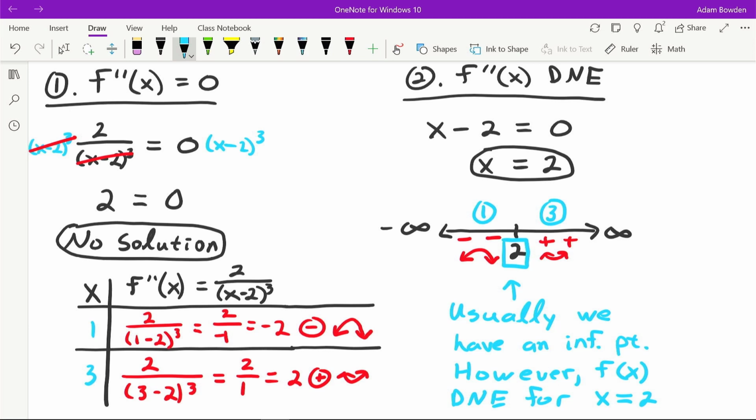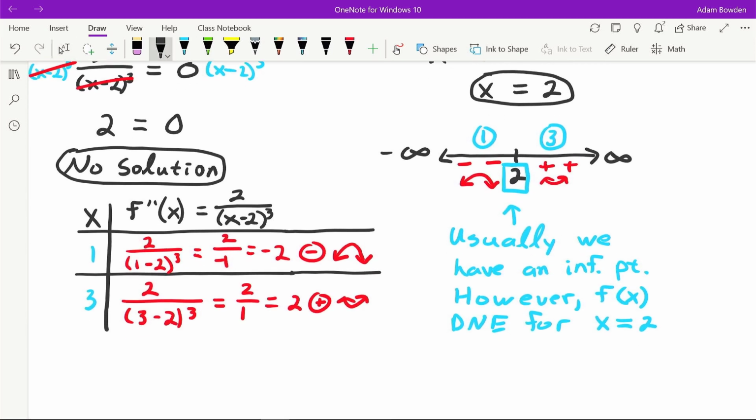So we don't actually have any inflection points in this case. Sometimes we still use that number, but again, it's just to help us find things like the critical numbers, and if it turns out to actually change the concavity here, we won't be able to call it an inflection point. If the function did exist there, then we could use that number for an inflection point.